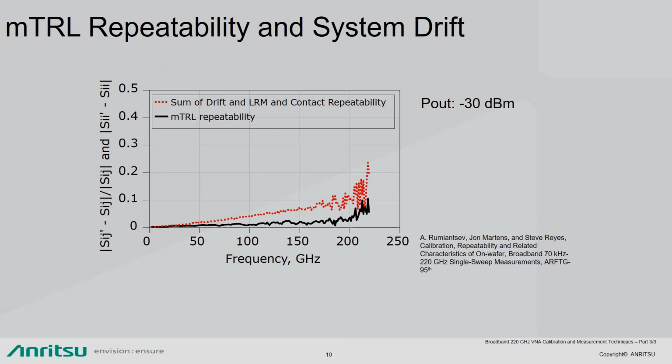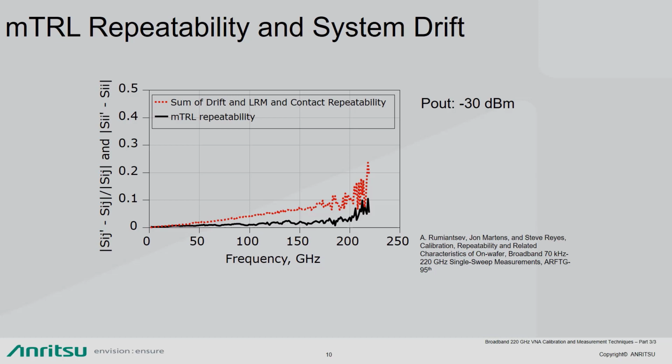Besides calibration and measurement correlation across VNA systems, calibration repeatability is an important figure of merit of an integrated measurement test. So this graph shows typical repeatability of the multi-line TRL calibration calculated from two calibration series that were performed within about 30 minutes and by an average skilled operator.